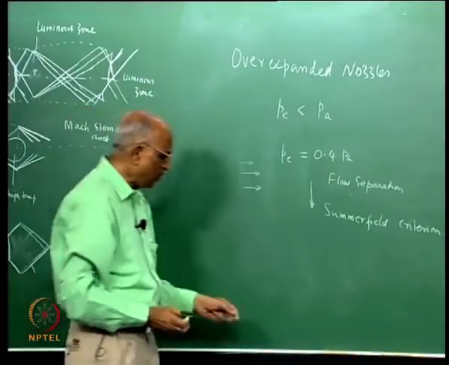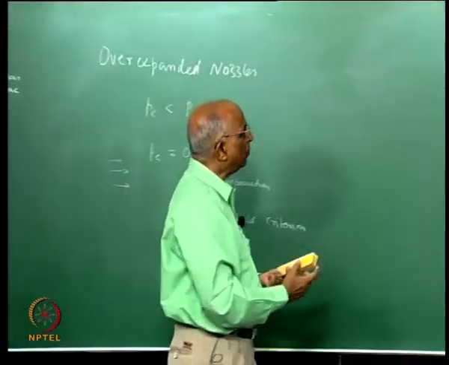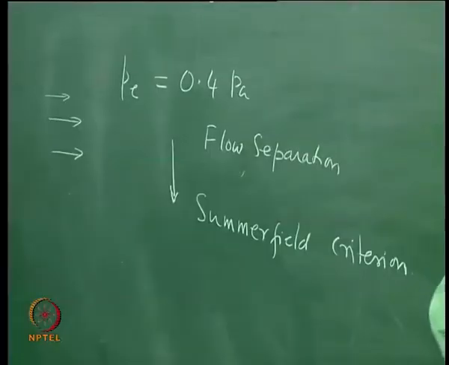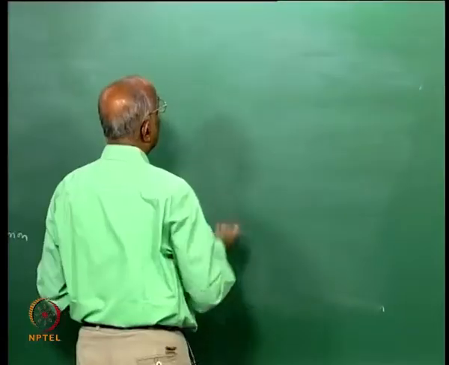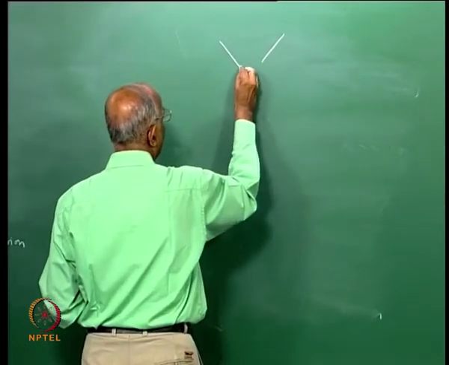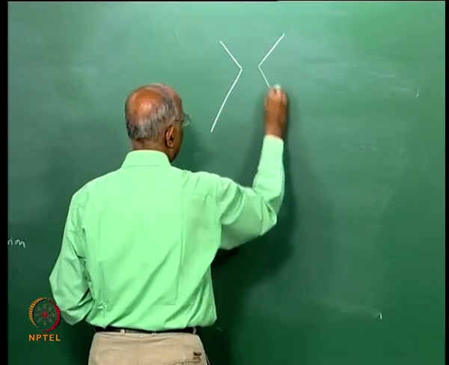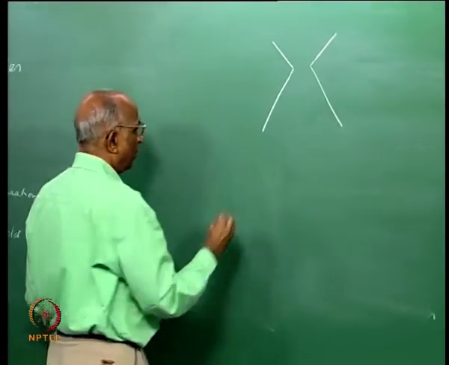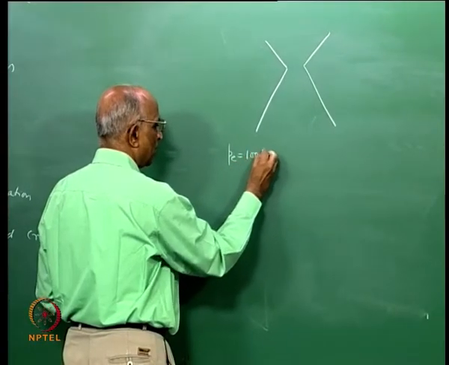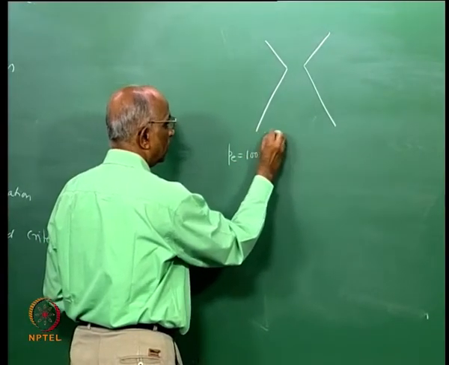What is the implication of this? Supposing I have to make a nozzle perform on the ground. Let us now plot the shape of the nozzle, convergent followed by divergent. Then my ambient pressure is, let us say, 100 kilopascal on the ground.